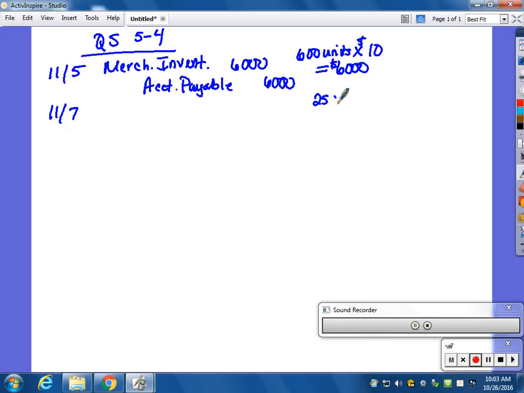So 25 units times the $10 means you returned $250 worth of product, which means that we debit what and credit what? Debit accounts payable, because that lowers our bill to be paid later, right? And credit merchandise inventory for that $250.